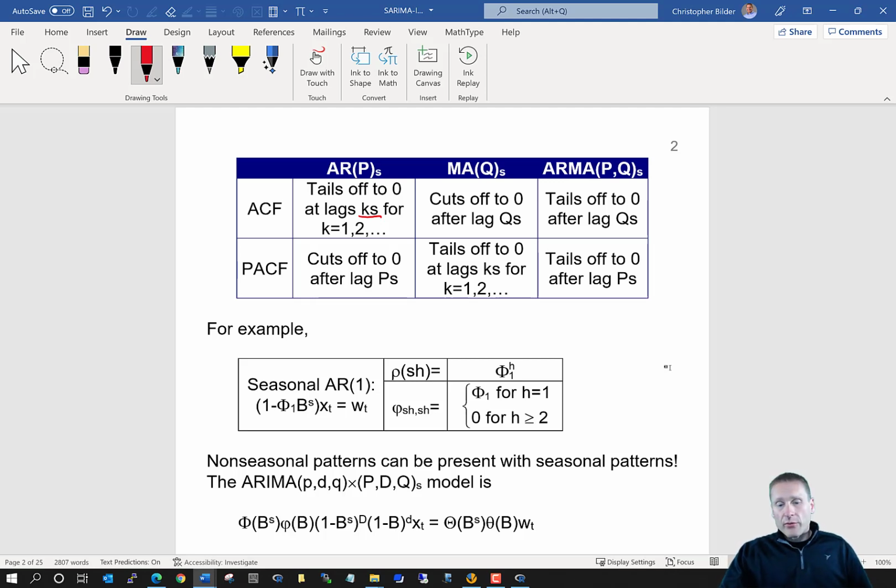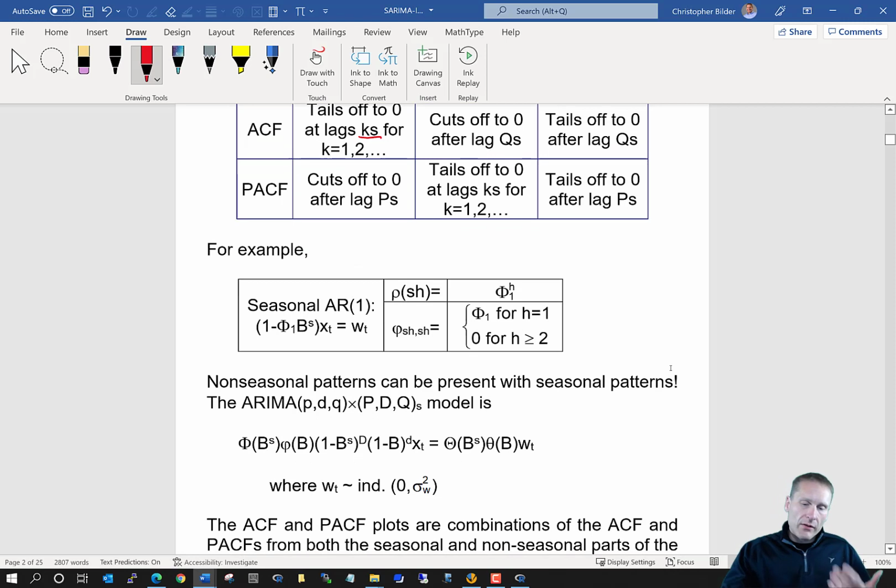Otherwise, everything remains the same. So just to focus in on one particular kind of model, a seasonal AR model with some season S. So again, if we have monthly data, S would be 12.